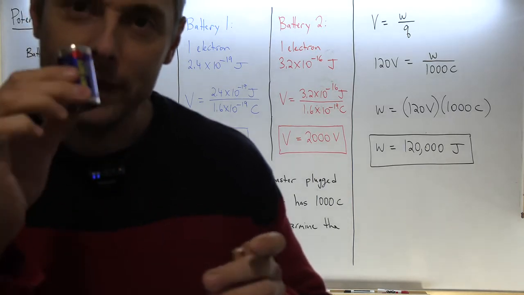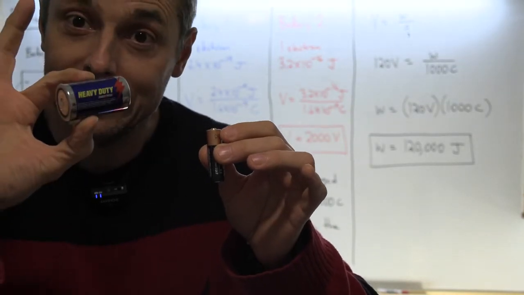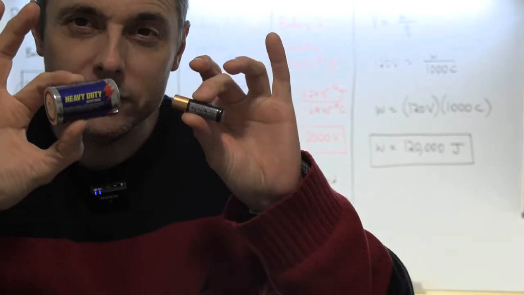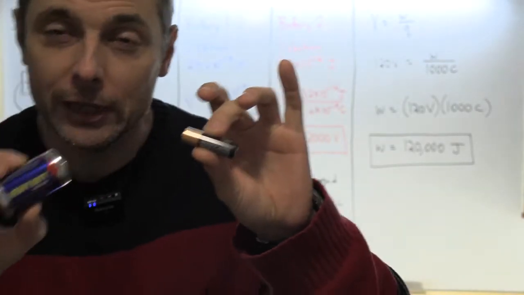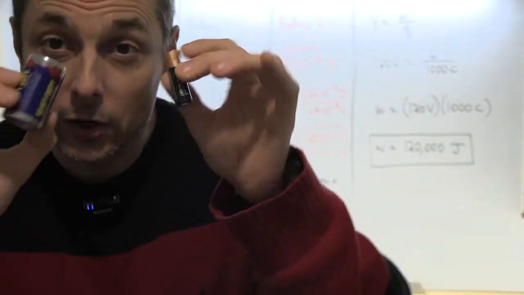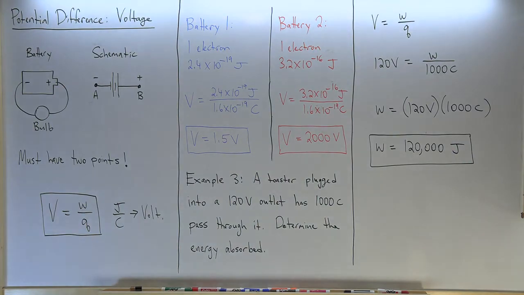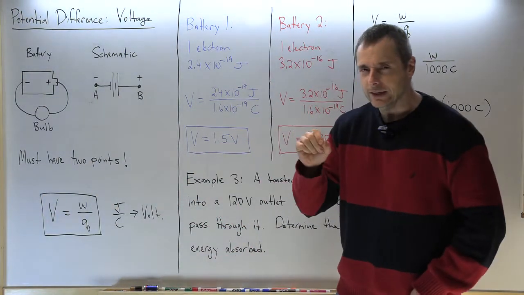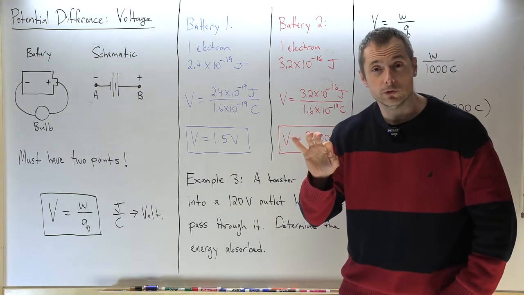The only reason why this one is bigger is because it has more substance and it can last longer. But each one has the same exact molecules, the same chemical reactions. Every single electron gets the same thrust going through. Both batteries only last longer because there is more stuff in them. So voltage is tiny. It's down to a single electron is 1.5 volts.